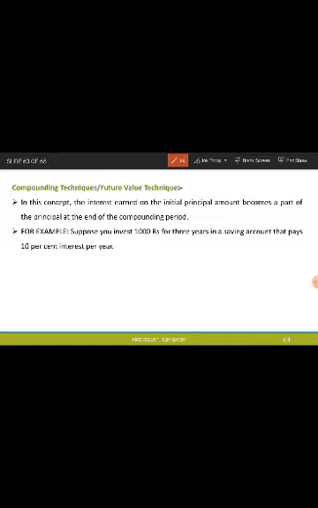See here what it is telling: in this concept, the interest earned on the initial principal amount. The amount that we invest is called the initial principal amount. In this example, our investment is 1000 rupees, which becomes a part of the principal at the end of the compounding period.